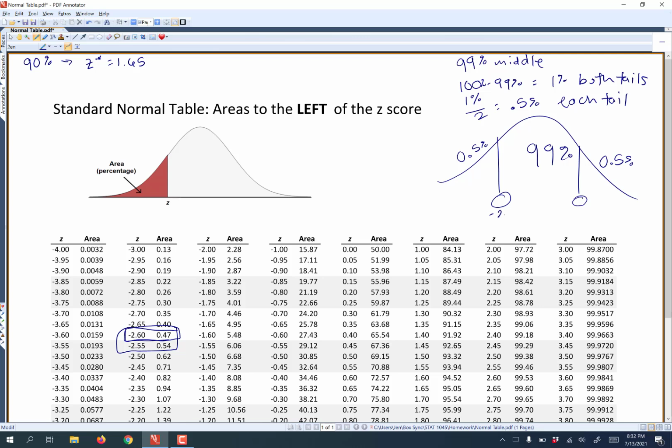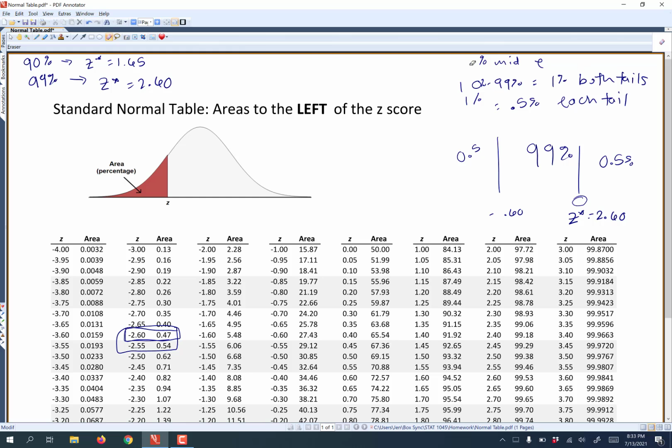So if this is negative 2.60, then z star is going to be positive 2.60. So for 99% we'll use a z star of 2.60. Now if you used 2.55, that's going to be just fine. Your answer should be close enough to still get the correct answer. If you wanted to round in between and say like 2.57, great, that's fine. But it's not required.